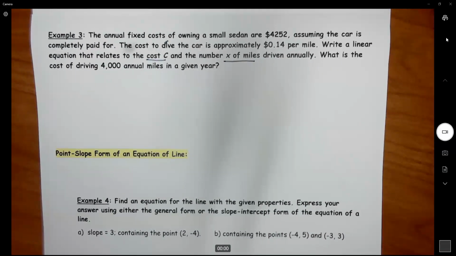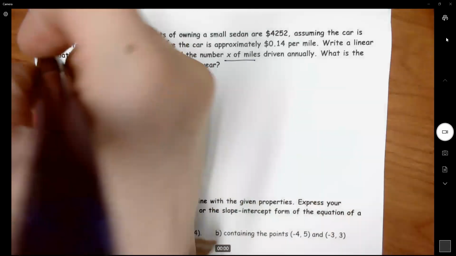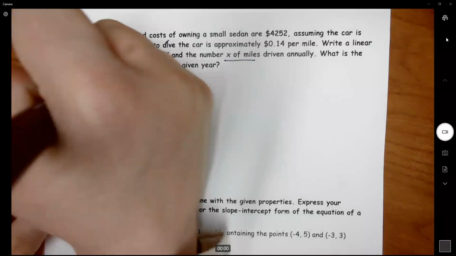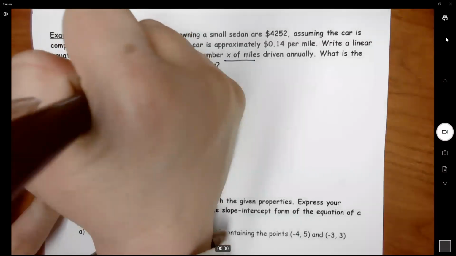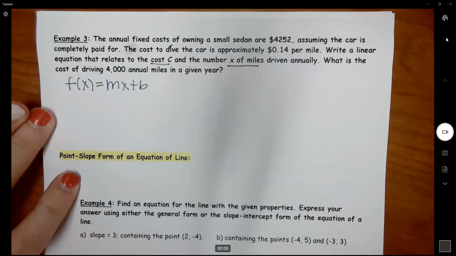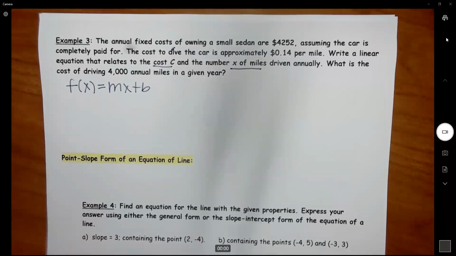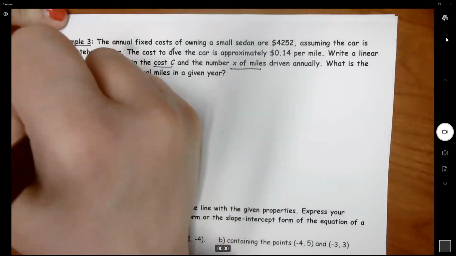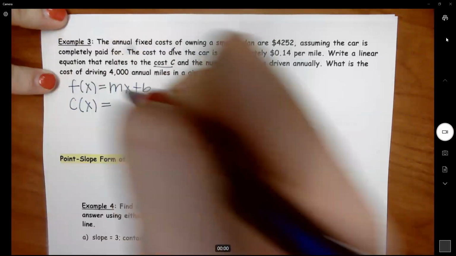So we're going to be putting this in kind of our y equals mx plus b form. And I'm going to go ahead and actually put this as f of x equals mx plus b form. Okay, but they're saying that the cost is going to be c, so instead of f of x, this is now my c of x.